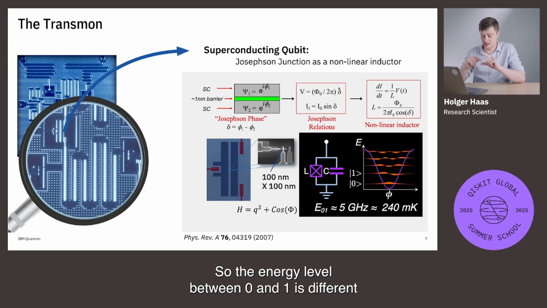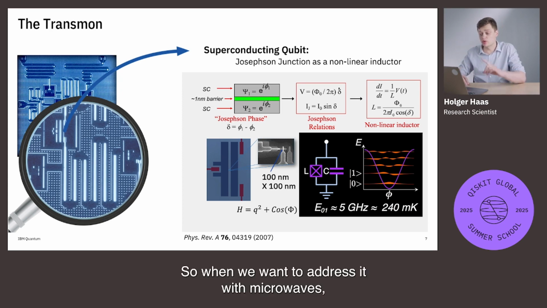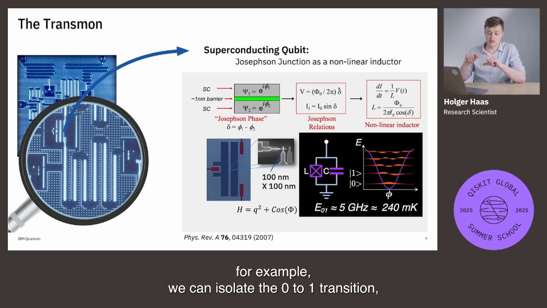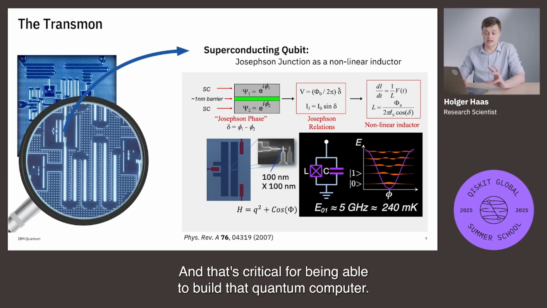So the energy difference between 0 and 1 is different from the energy difference from 1 to 2, and so on and so forth. So when we want to address it with microwaves, for example, we can isolate the 0 to 1 transition, and we won't hit the 1 to 2 transition as we drive the 0 to 1 transition. And that's critical for being able to build a quantum computer.